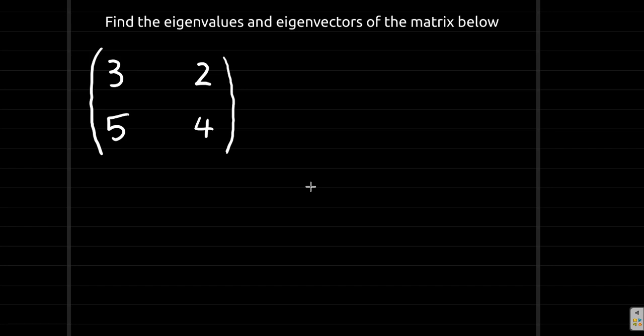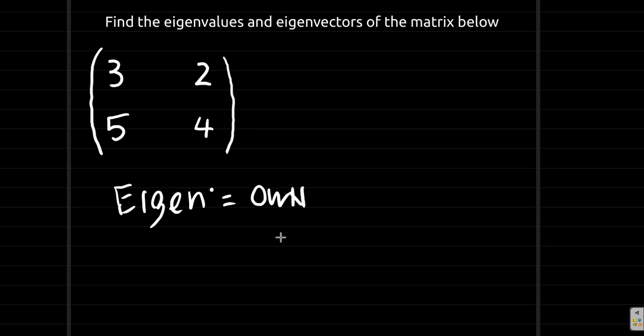Find the eigenvalues and eigenvectors of the matrix below. Now, remember, eigenvalues, the word eigen is German for the word own.